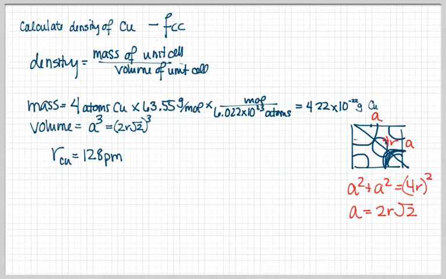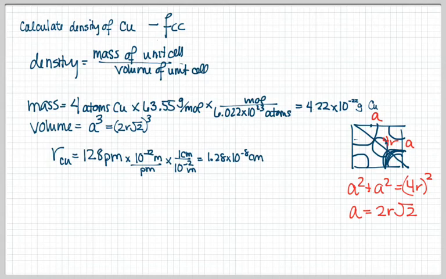So if our radius is 128 picometers, then we know that there are 10 to the minus 12 meters in a picometer, and that there are 10 to the minus 2 meters in a centimeter. And so we can convert that 128 picometers is 1.28 times 10 to the minus 8 centimeters.